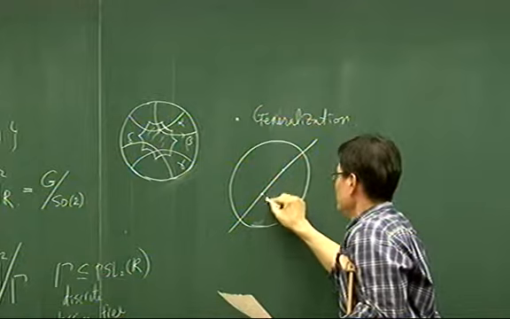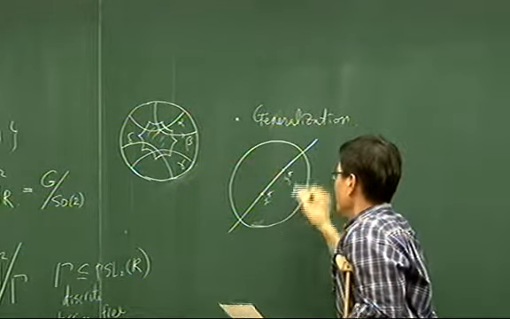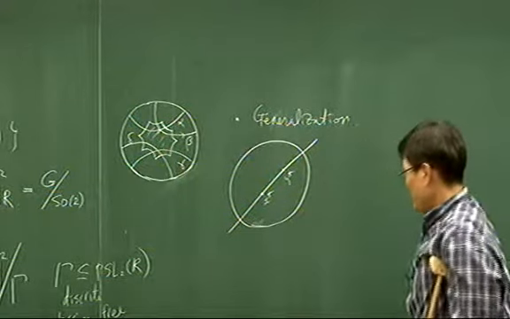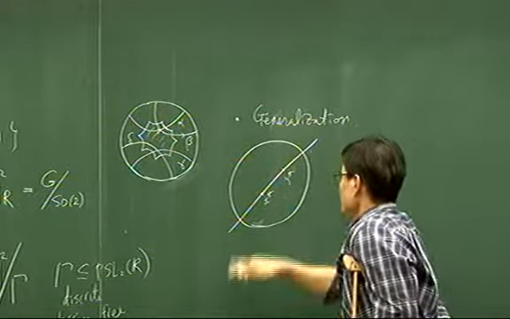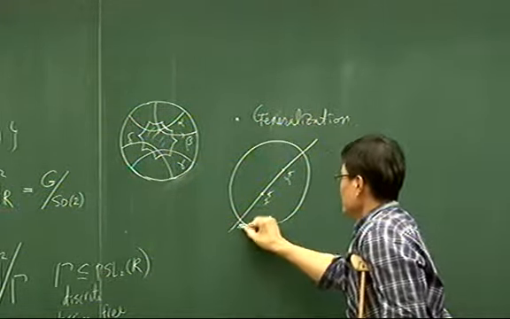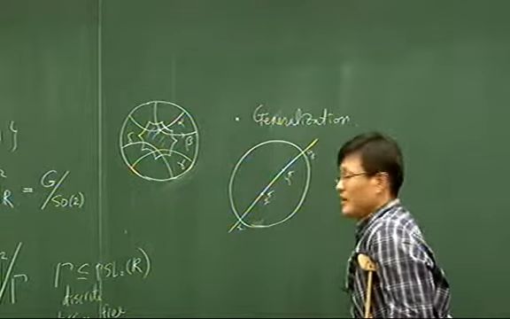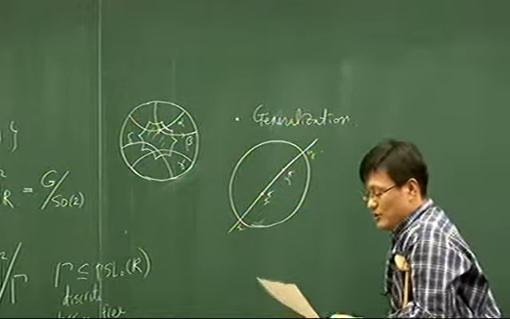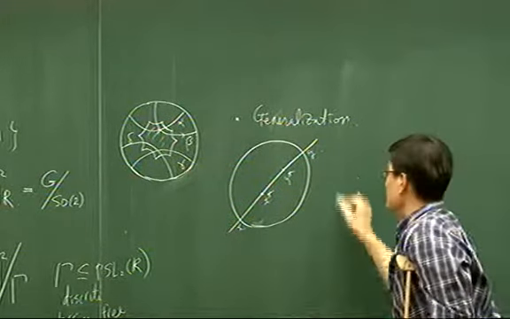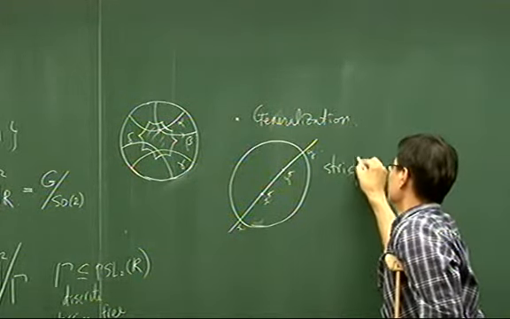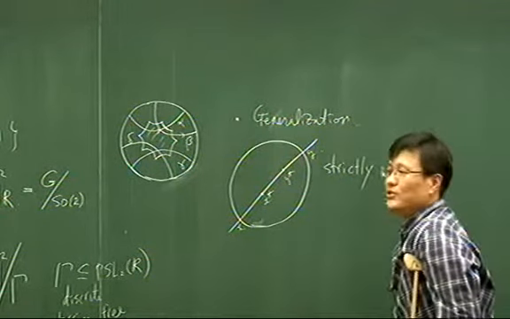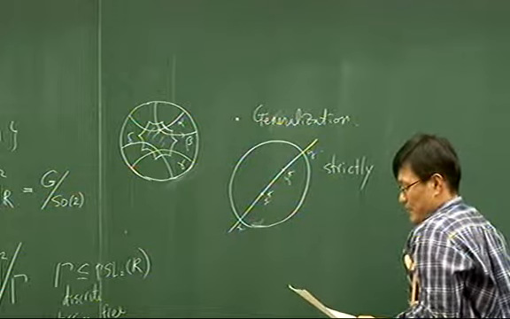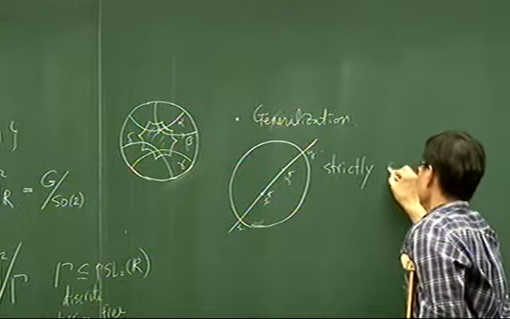So if you want to measure the distance between this x star and y star, draw a Euclidean line, then you will have another point x and y which meet at the boundary. So we can do it for any convex domain, but let's restrict ourselves to strictly convex domains.